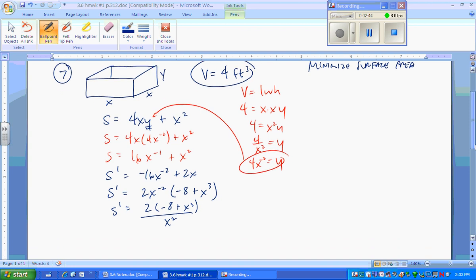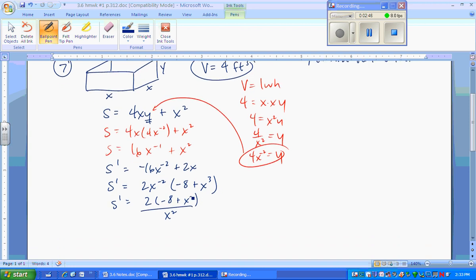And we want to know the critical values, which are when the derivative is 0 or the derivative is undefined. But just like before, if we set this denominator equal to 0, then we're going to get something that's 0 for length or width. That doesn't make any sense for this problem. That doesn't work. So we do want to find the critical value where the derivative is 0. So we can set the numerator equal to 0.